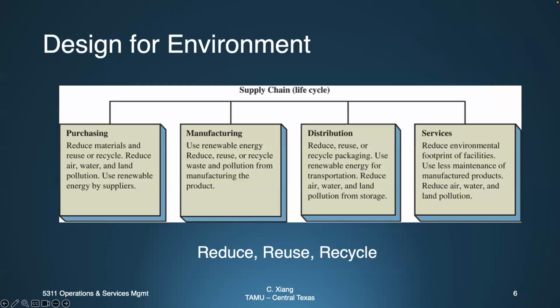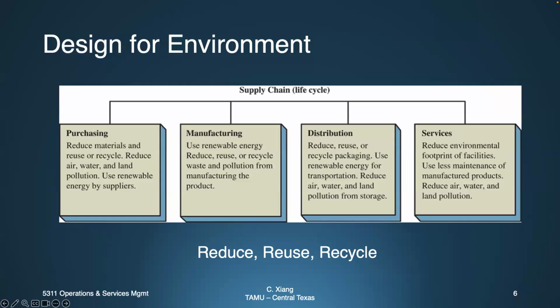Product design itself also plays a role. For example, beverage companies like Coca-Cola have redesigned plastic bottles so that the neck provides structural support, allowing the rest of the bottle to be thinner and use less plastic. These small design changes can lead to significant environmental benefits at scale.